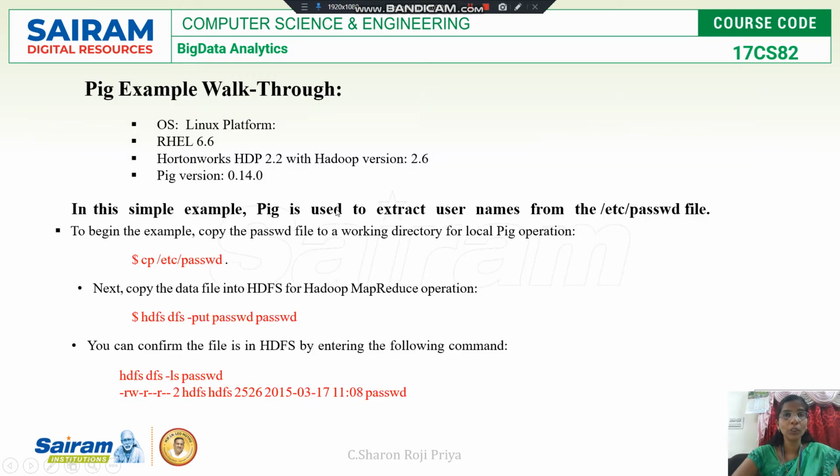So to extract the username from the password file, the first thing is you have to copy the password file into your working directory. To copy, use the cp command. Then from the working directory, you have to copy it into the Hadoop distributed file system, from the local file system to HDFS.